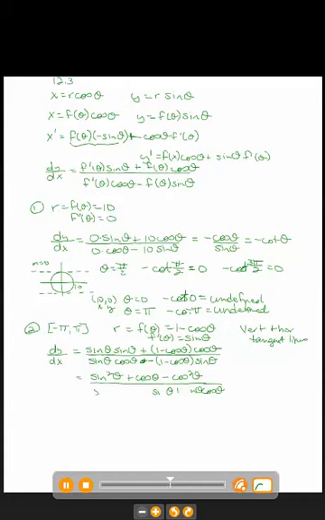On the bottom, I'm going to get a sine theta cosine theta minus a sine theta plus sine theta cosine theta. Okay, so what can I do with that? Let's change the sine squared in the numerator to 1 minus cosine squared. So now I have this.